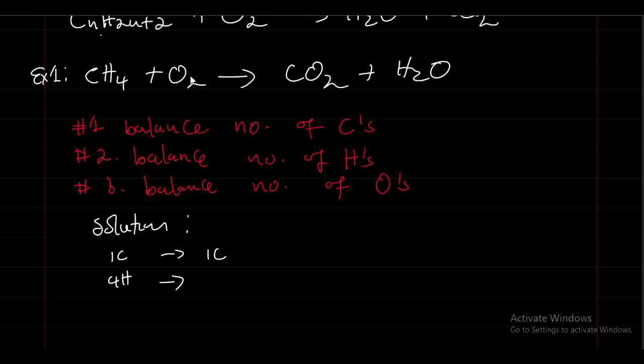And then what about oxygens? Oxygens on the left I have 2, even on the right I have 2. So the only place where I will balance is on the water molecule. When I've balanced, I must have 4 hydrogens as well, then in here I must have 2 oxygens, and also in here 2 oxygens.